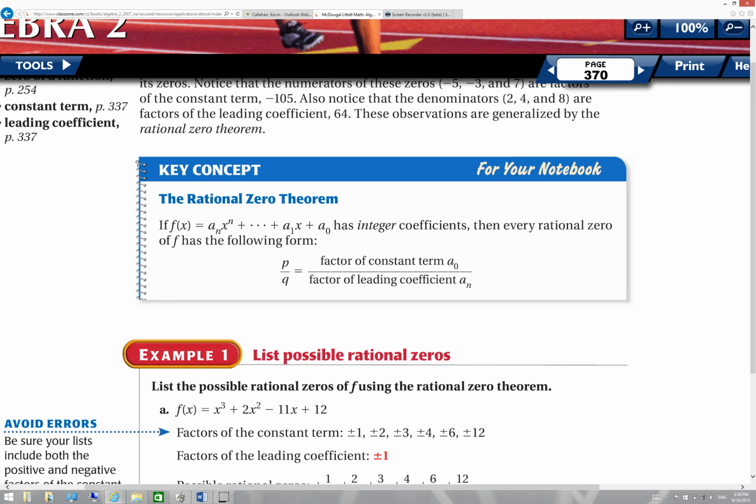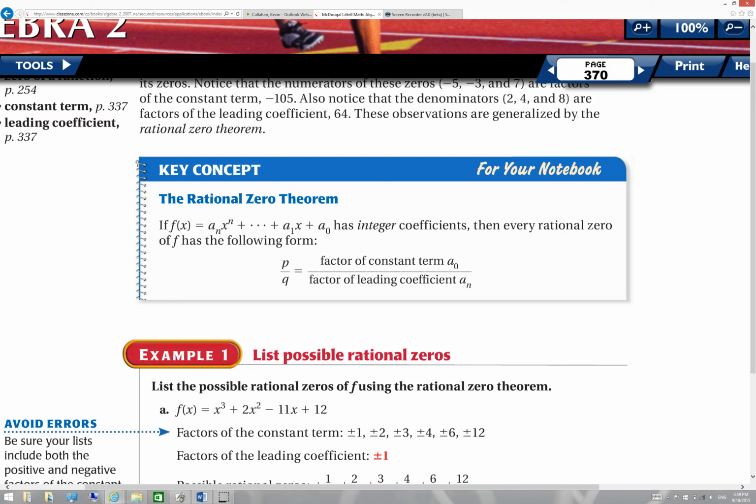You're always going to have a possibility that the number would be negative. So you take all the combinations of the last number divided by the first, and you come up with this finite list. There's only 1, 2, 3, 4, 5, 6, and they're all plus or minus, so that's 12 possible rational zeros.